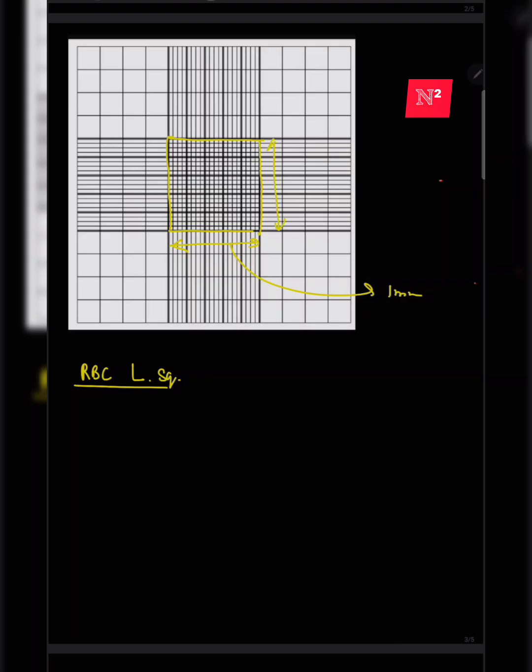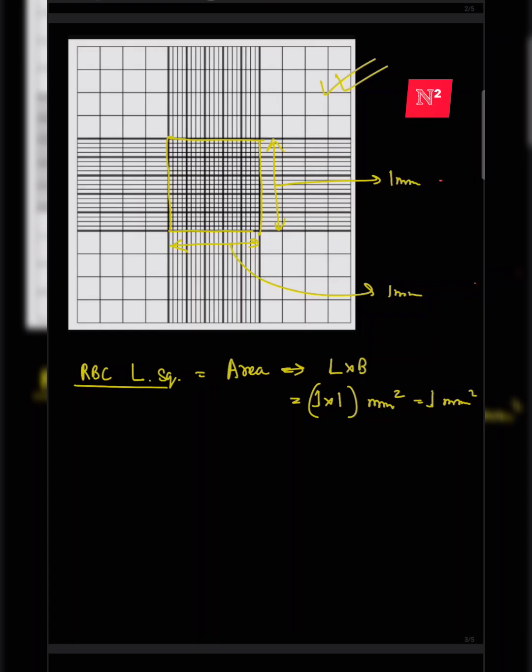The breadth of this grid is also 1 millimeter. So the area of this grid is length into breadth, that is 1 by 1 millimeter square. You get the value to be 1 millimeter square. Similarly, like the WBC large square, you will get the volume as 1 by 10 millimeter cube. I'm not going to go into the volume part, just let us calculate the area part.